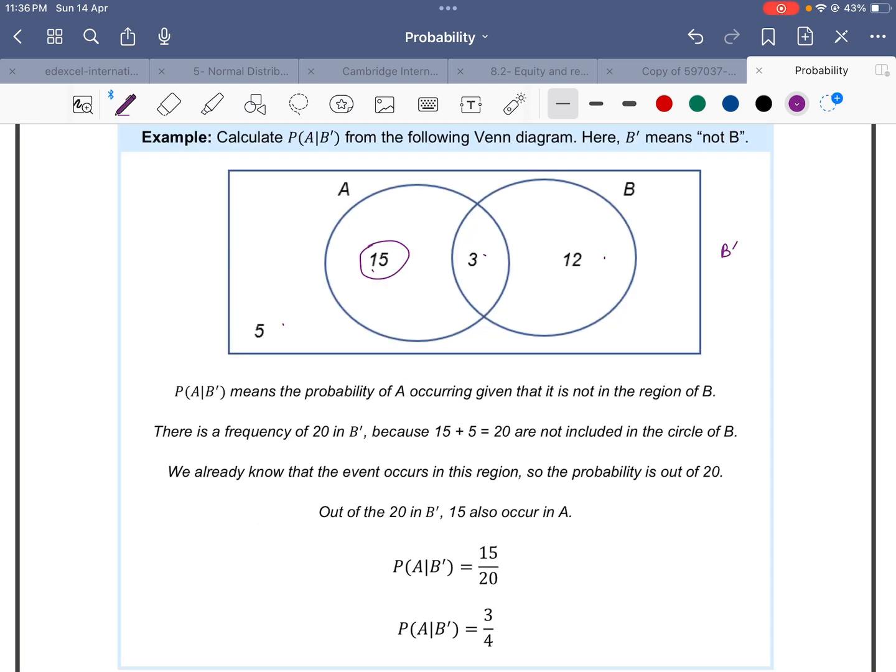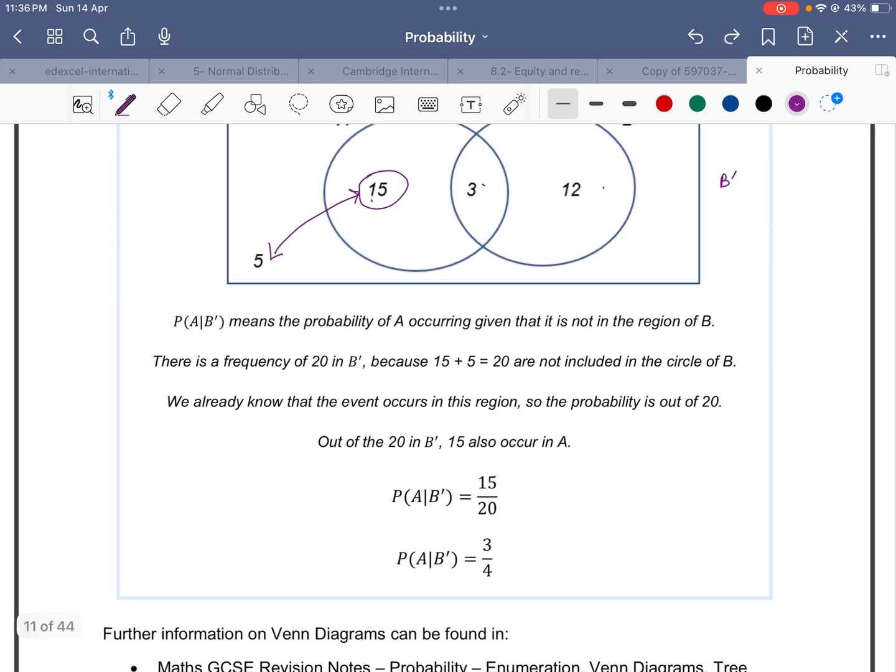Given that it's not in region B, we are going to add the ones that are not in region B, which is 15 and 5, that is 20. Right? So the answer will be 15 over 20 or 3 over 4.